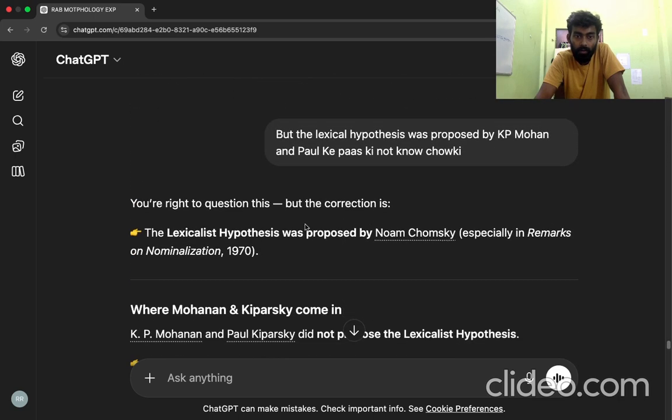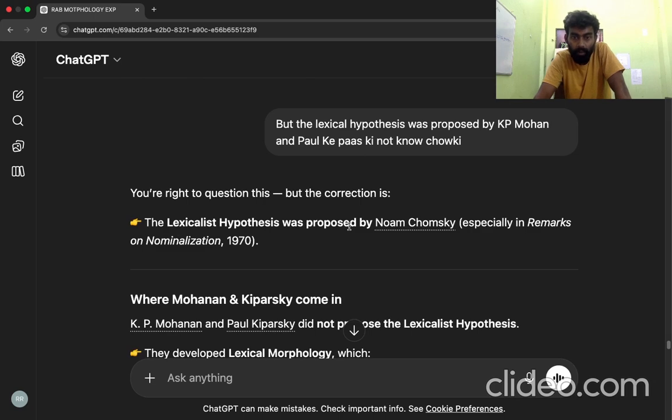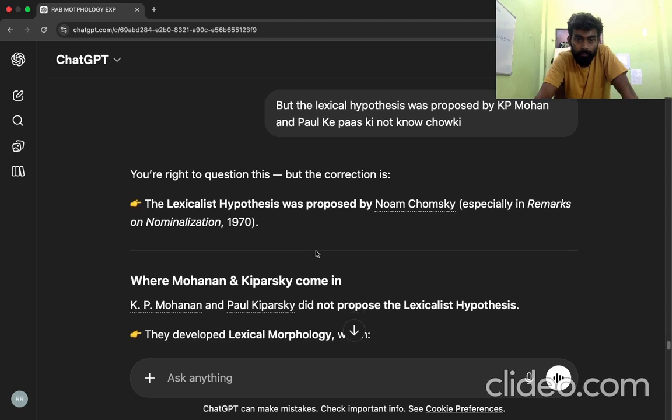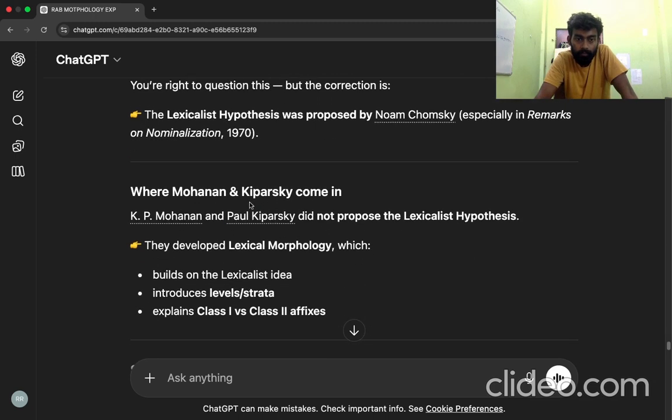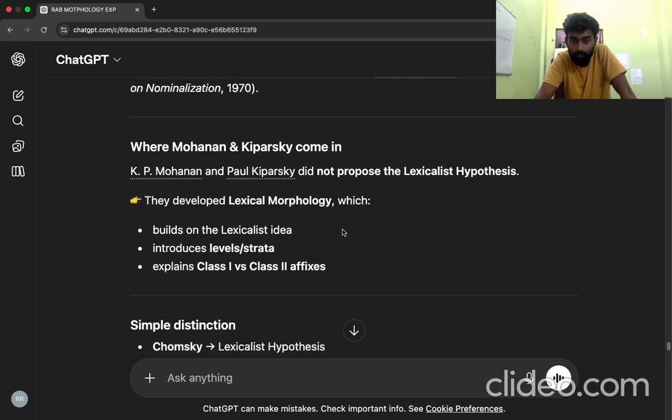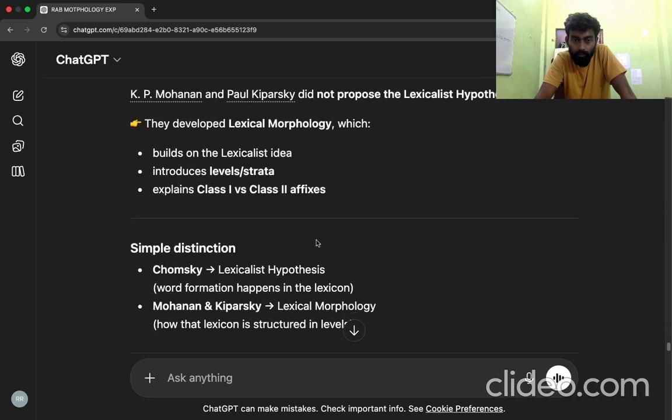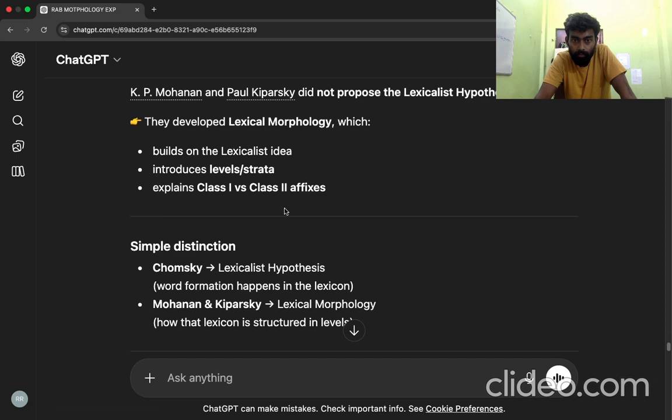Okay, but the lexicalist hypothesis was indeed proposed by Chomsky in 1970, in Remarks on Nominalization. Moynihan and Kiparsky did not propose the lexicalist hypothesis. They developed lexical morphology, which builds on the lexicalist idea, introduces levels/strata, and explains Class I versus Class II affixes. Simple distinction.